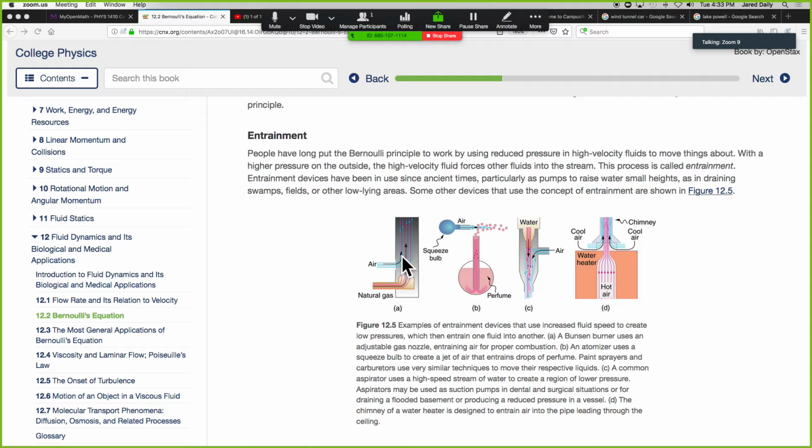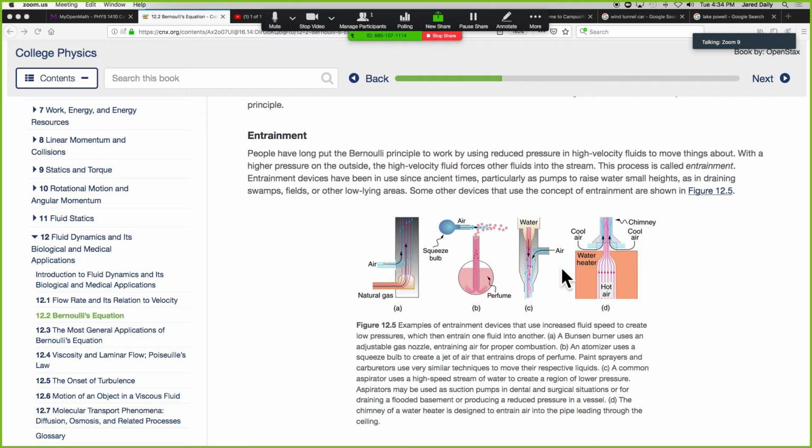But what's happening here is that as you burn your wood or your gas or whatever you're burning, the hotter air is rising up this chimney and it's drawing more air in with it. And that actually helps the air to travel up the chimney.